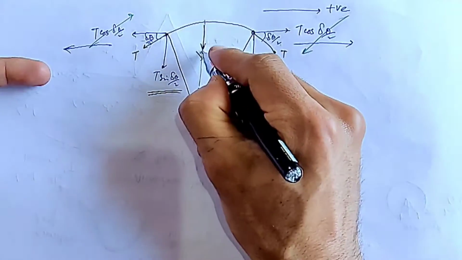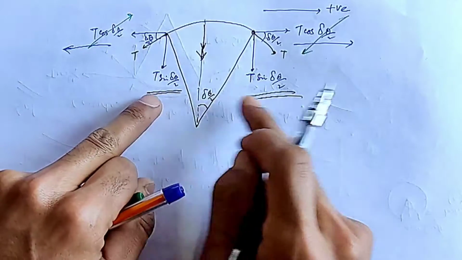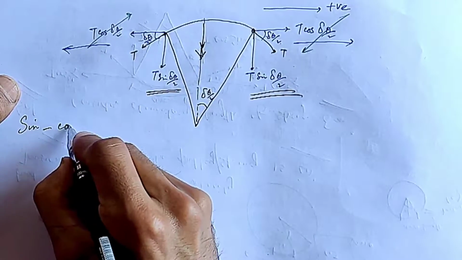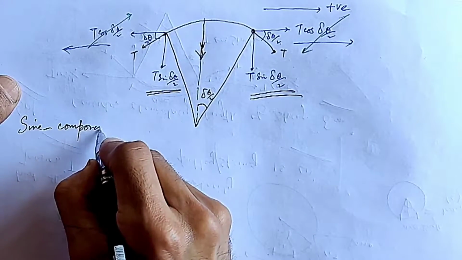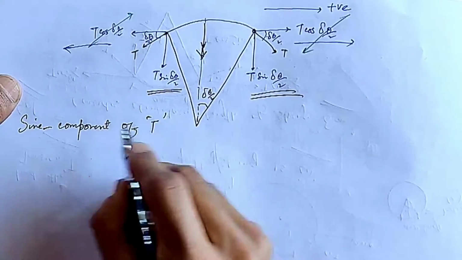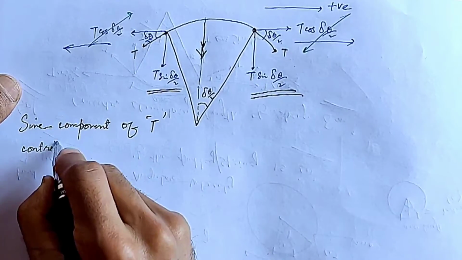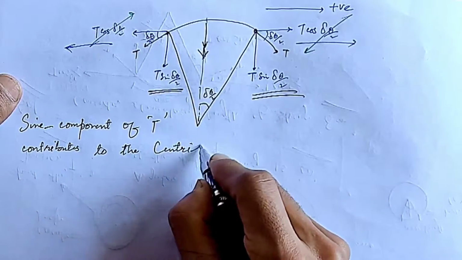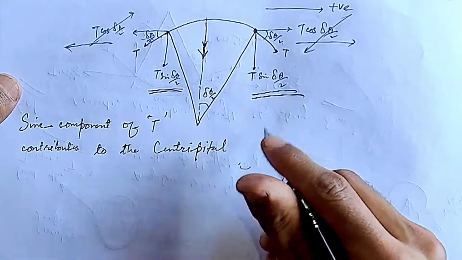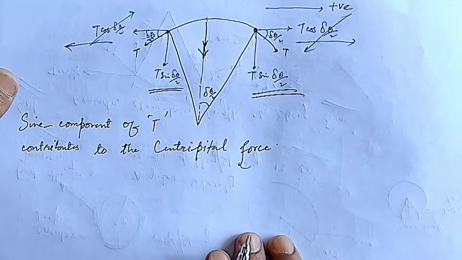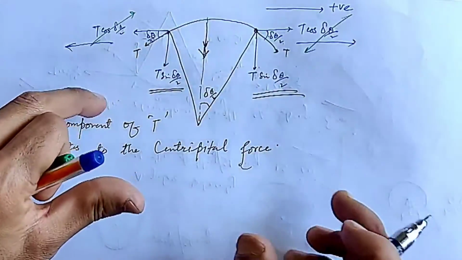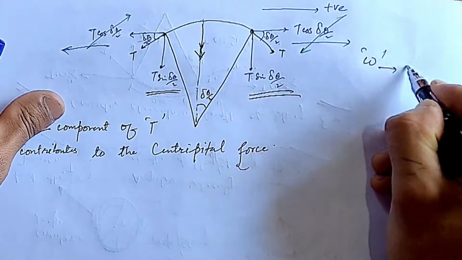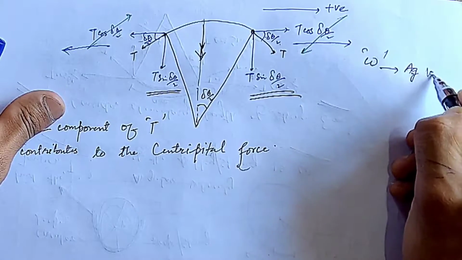And these two tension components contribute. The sine component of tension T contributes to the centripetal force, because I have told you earlier that this string is moving on a roller in a circular path with angular velocity omega.